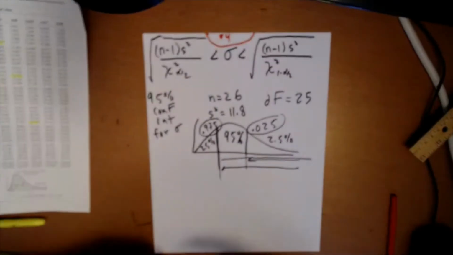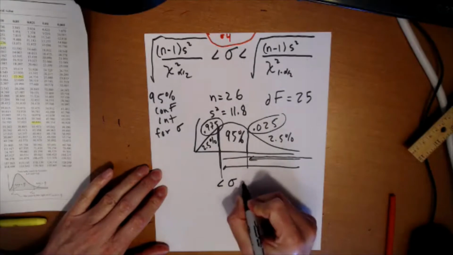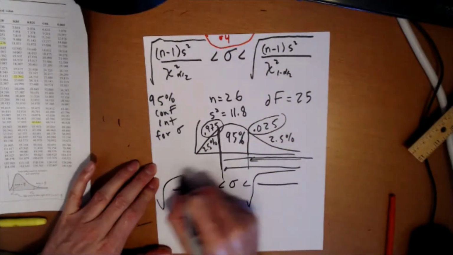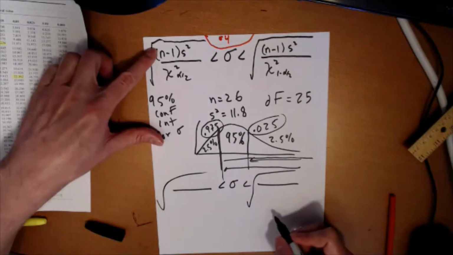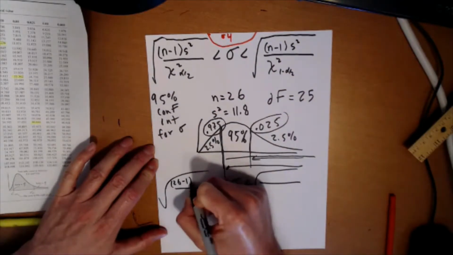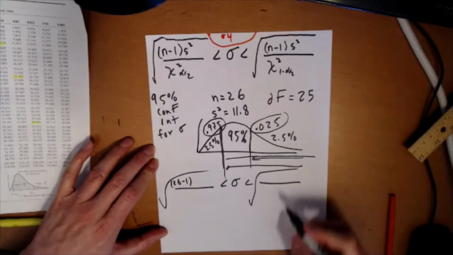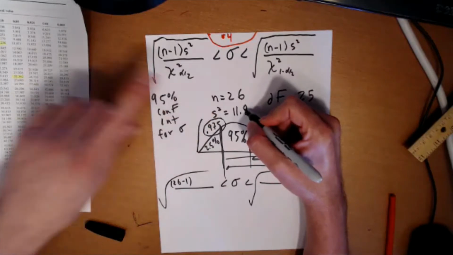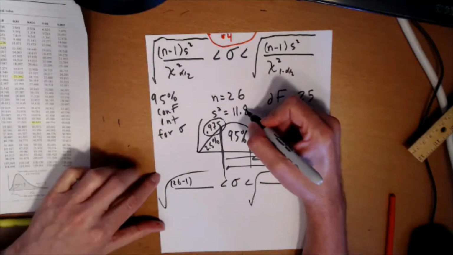Okay, so sigma is between, don't forget the big square roots, n minus 1, so 26 minus 1, times s squared. Remember, they straight up give us s squared, the sample variance. Sometimes they just give us s, the sample standard deviation, so be careful.